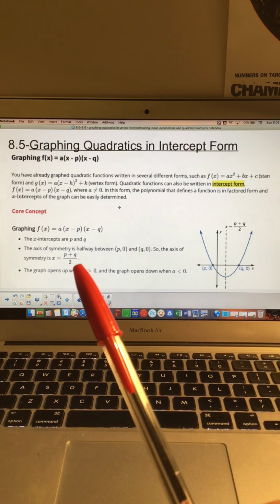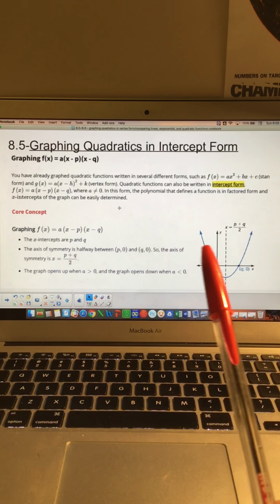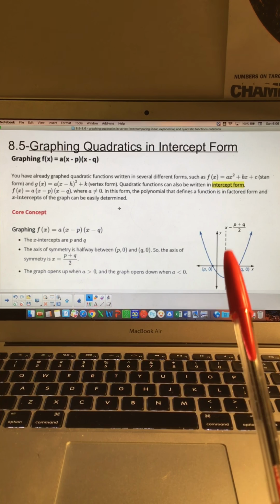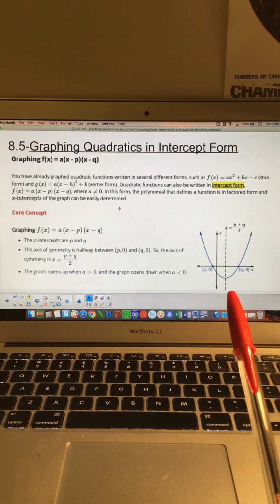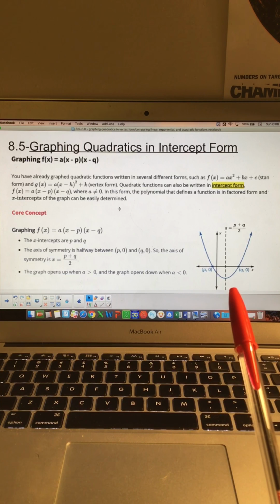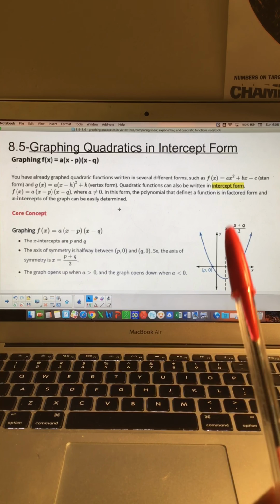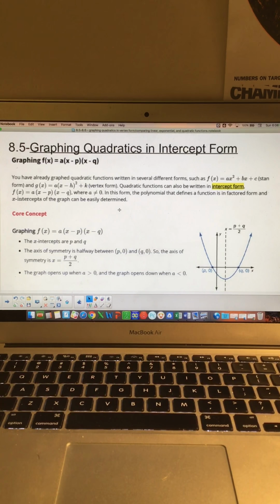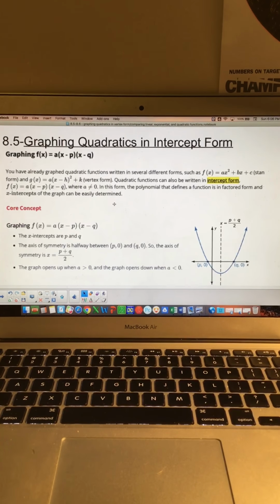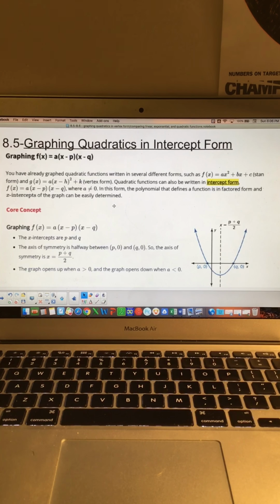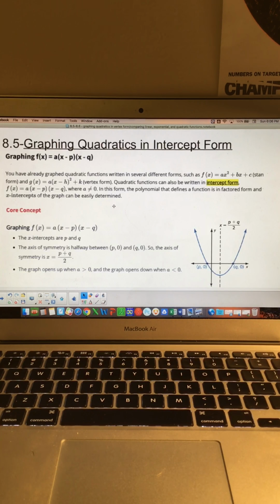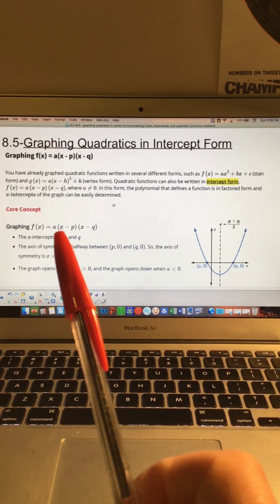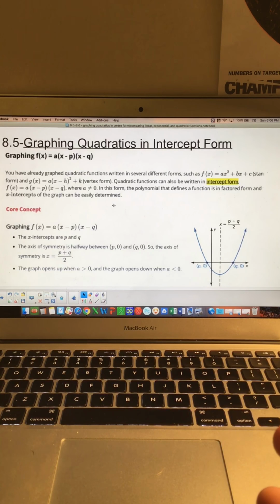So if I add them and divide by 2, that's going to give me the axis of symmetry. Well, hey, wait a second. That is going to be the x value of the vertex. And then I can just plug it into the equation to get the y value of the vertex, just like what we've been doing. And then, of course, the number a is going to tell us whether it's opening up or down, narrow or wider.